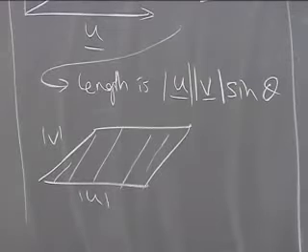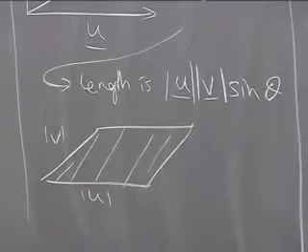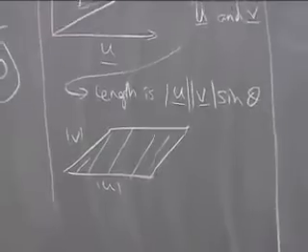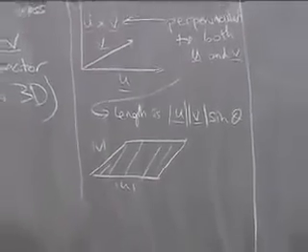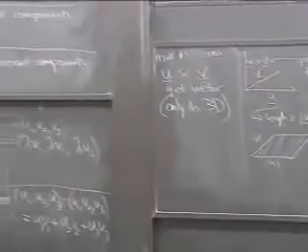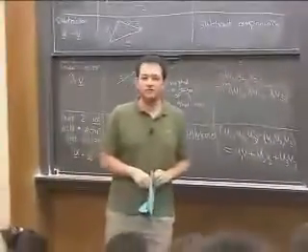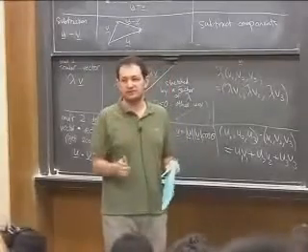The length of u cross v is also equal to that area. So you imagine the area of this thing, whatever that number is, take a vector that long and set it perpendicular. The only ambiguity here is the direction. And you use the right-hand rule to see what the direction is.